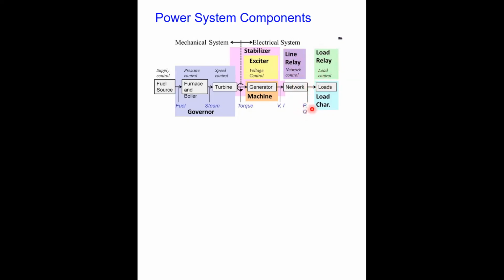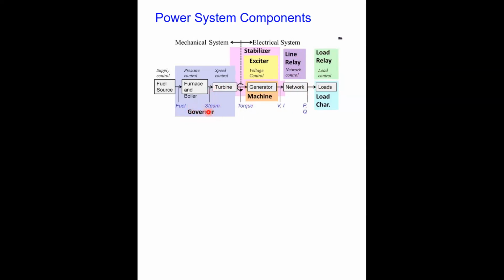So you have several quantities, variables. Let's say it could be P. You want to control active power, you want to control reactive power. At this end, you want to control the voltage, and thus the amount of power flow to the line, to the generator. Then on the turbine side, you want to control the output torque from the turbine, and to control it we have the governor.